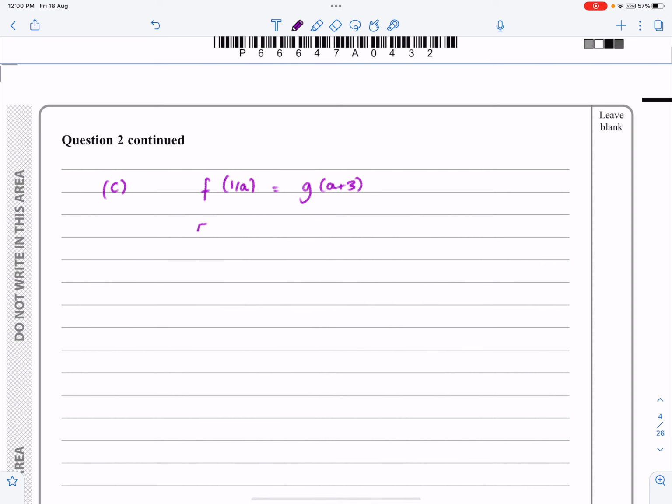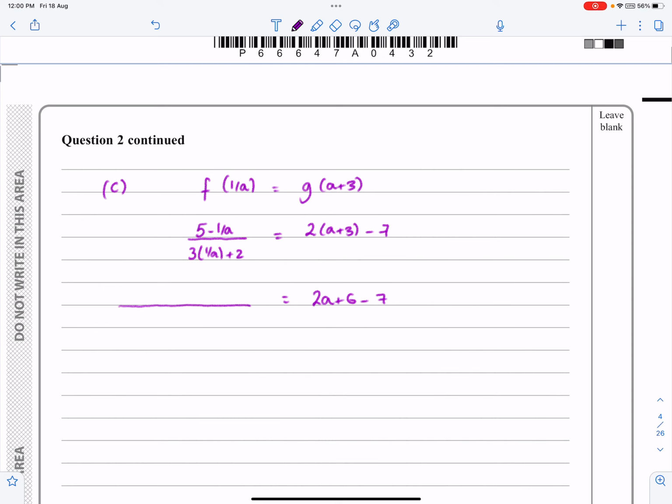Okay, that's going to give me 5 minus 1 over a over 3 lots of 1 over a plus 2, and that's equal to 2 lots of a plus 3 minus 7. Doesn't look too complicated, but we'll just tidy it up. On the right hand side here, I've just got 2a plus 6 minus 7, but this left hand side, let's just take a little bit of time with this.